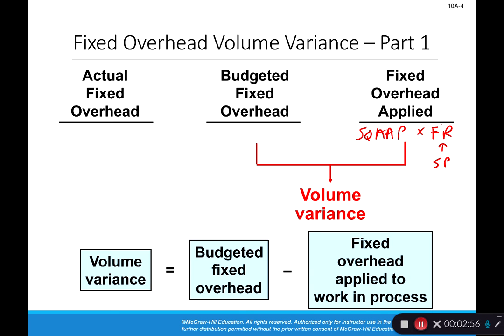So it's really like our standard price. When we did variable overhead, the SP represented the variable portion of the predetermined overhead rate. So FR, or fixed rate, is really just the standard price. And then SQAP is going to be the standard allowed per unit times actual production.